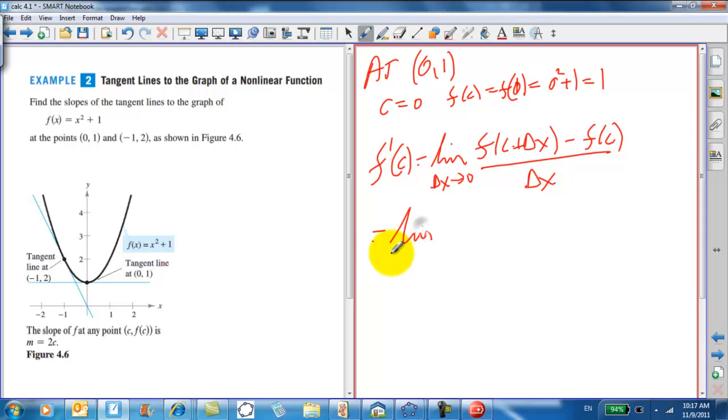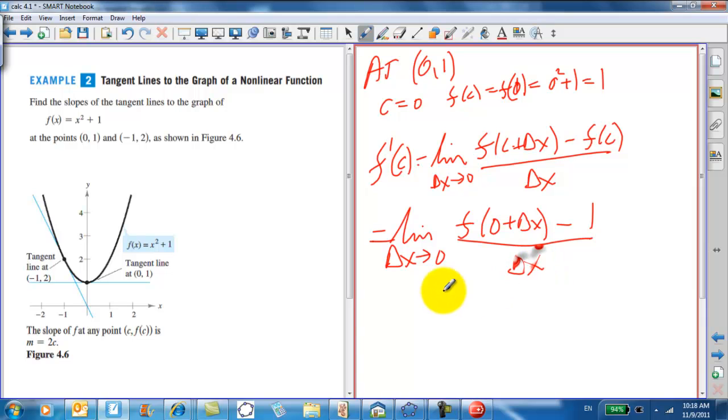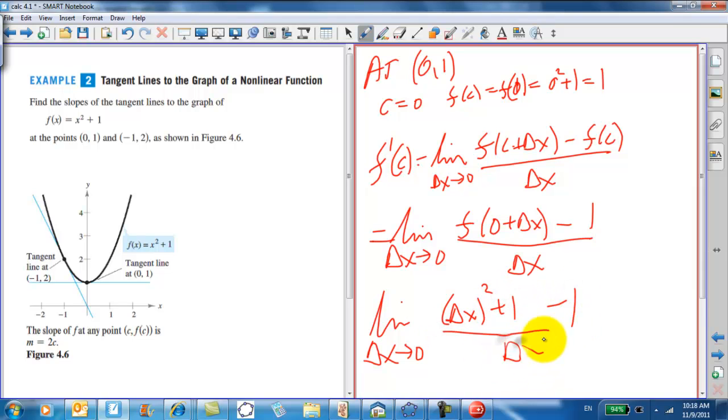So the limit as delta x goes to 0 of f of c, which is 0, plus delta x, minus f of c, which is 1, all over delta x. Let's put delta x into the function so we get delta x squared plus 1 minus 1 all over delta x.